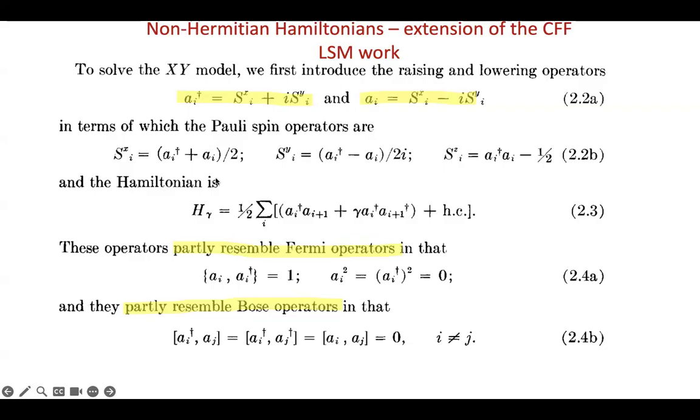Therefore, the A_i essentially are partly Bose operators, partly Fermi operators. But this should not be a surprise because I already told you that the spin operator is neither a boson nor a fermion. It has properties of both. So you are basically representing spin operators.